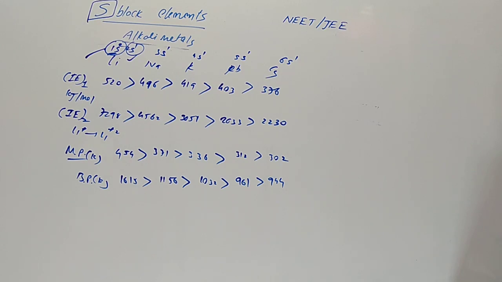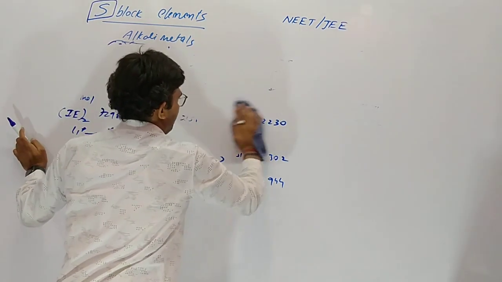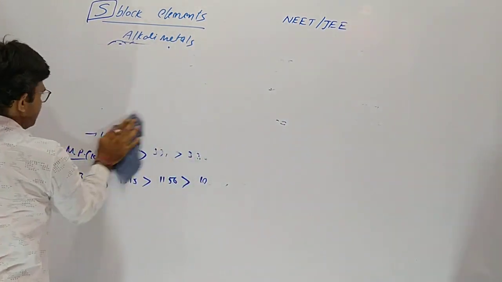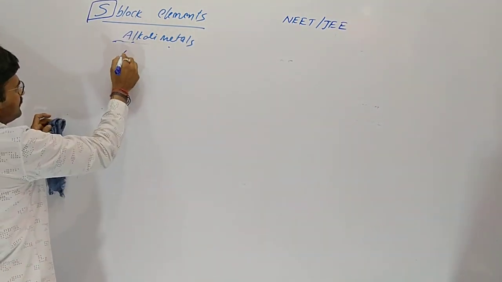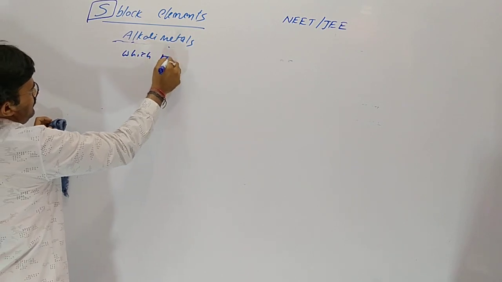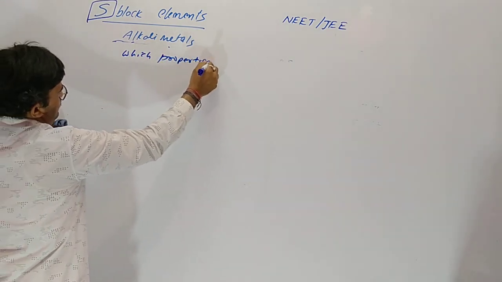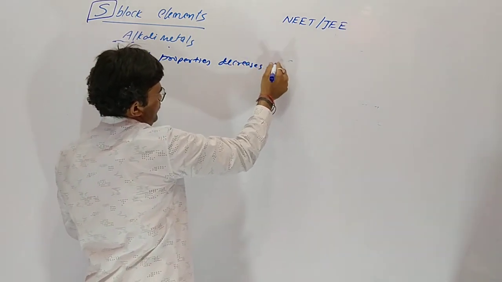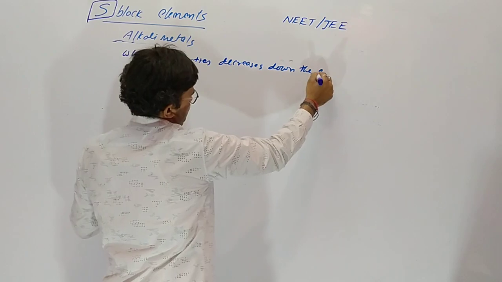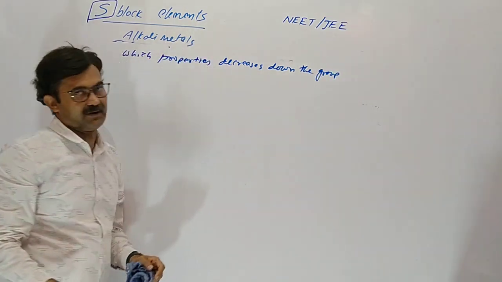So these are the physical properties trends. Now, which property decreases down the group? Decreases down the group from top to bottom.